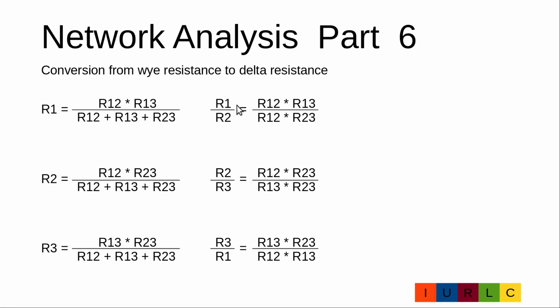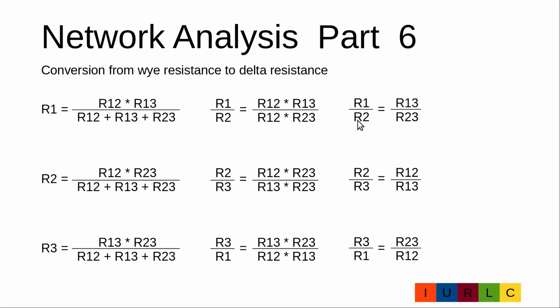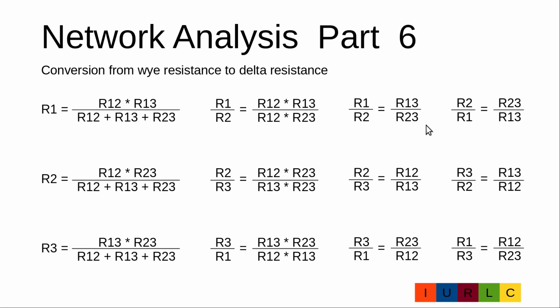We will get R1 divided by R2 is numerator of equation 1 divided by numerator of equation 2, and the two denominators cancel each other. Now we can remove R12 and get R1 divided by R2 is R13 divided by R23, and the same is valid on the inverse.